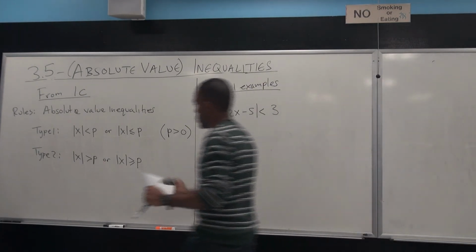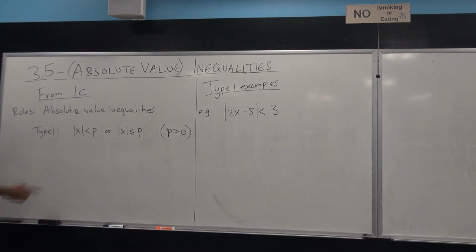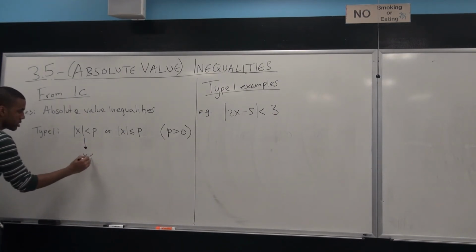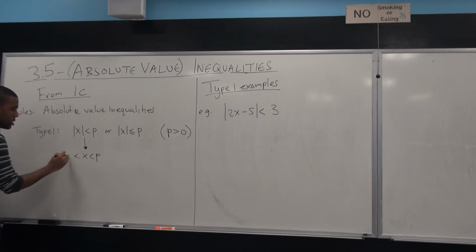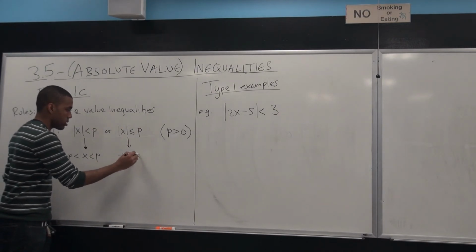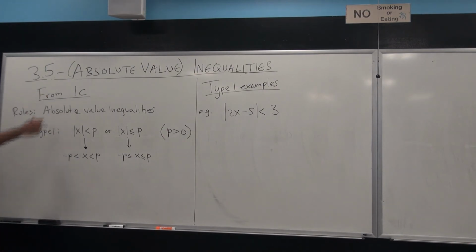I didn't actually explain what you should do. Let me write that down. Whenever you see this, you can split it into this. And whenever you see this, similarly, you can split this into that. It's a rule they derived back in chapter 1, part C.